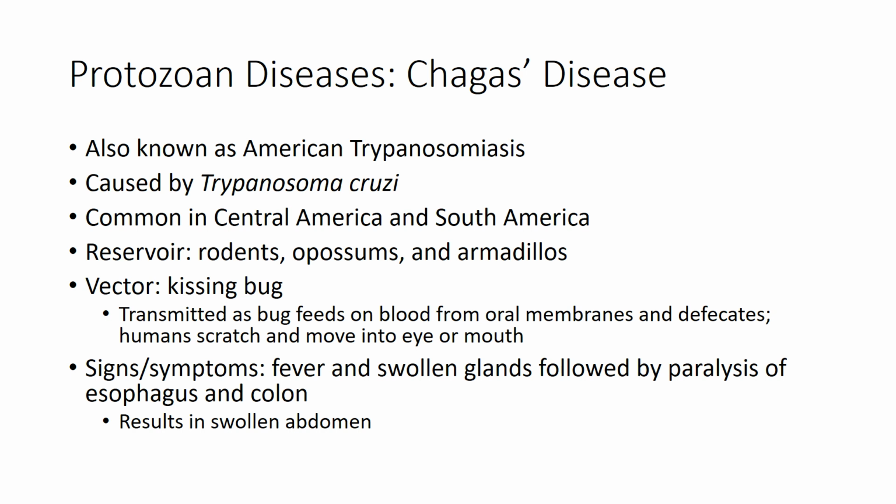While it's doing so, it will defecate in the same area. Humans will then scratch and move that contamination of the protozoan into the mouth or the eye, leading to Chagas disease. Chagas disease can ultimately lead to paralysis of the esophagus and the colon, large swollen abdomen, and eventual death if not treated.